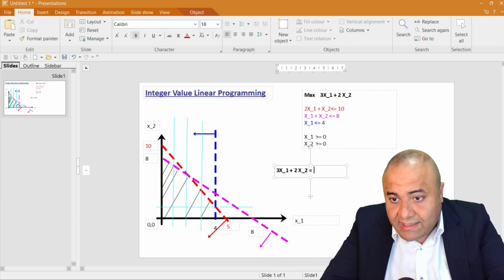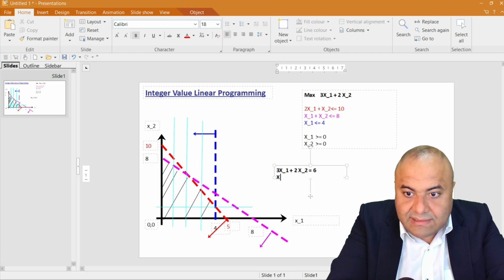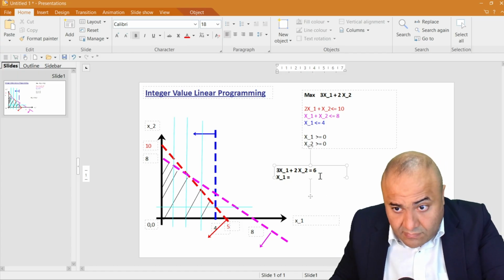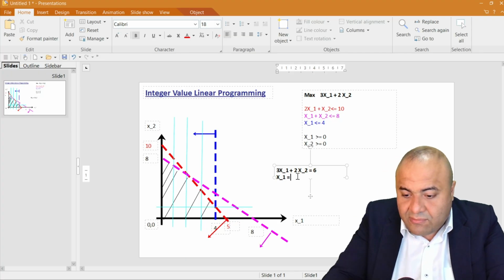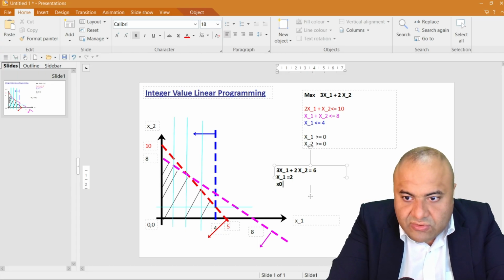So let's say we start by having 6. So 6 makes x1 equal, when x2 is 0, x1, how much will it become? It will become 2.